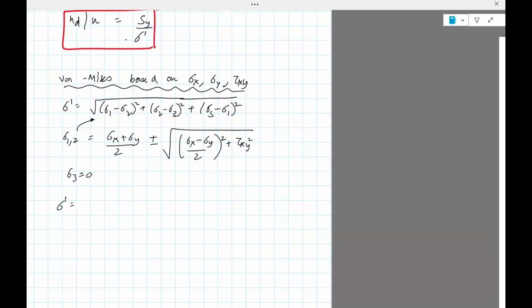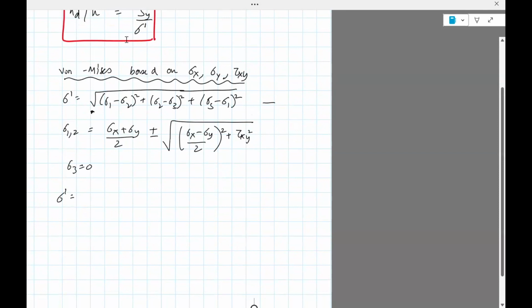Simply, so let's do this systematically. Let's call this 1, and let's call this 2, I'll call both these equations 2.